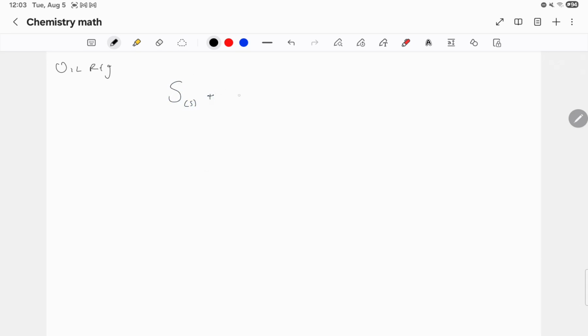Sulfur solid plus OCl minus, it's a polyatomic ion, aqueous, turns into this guy, plus Cl minus. So, balance this in a basic solution.